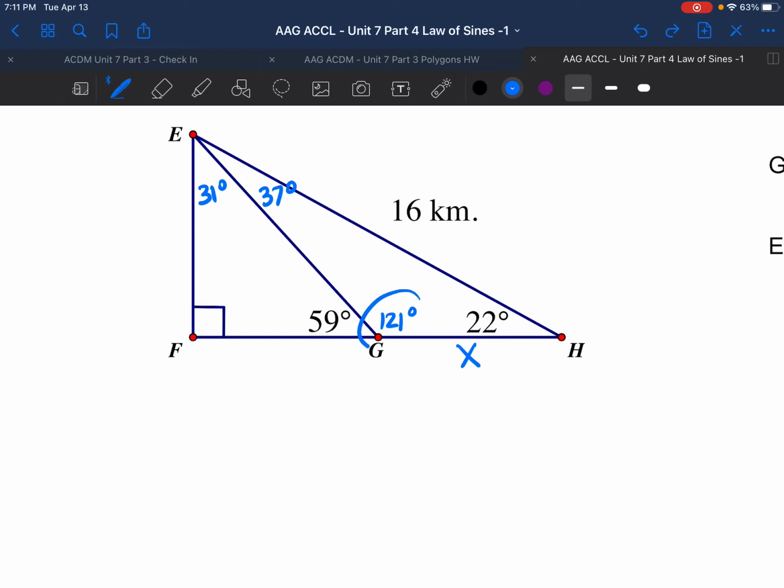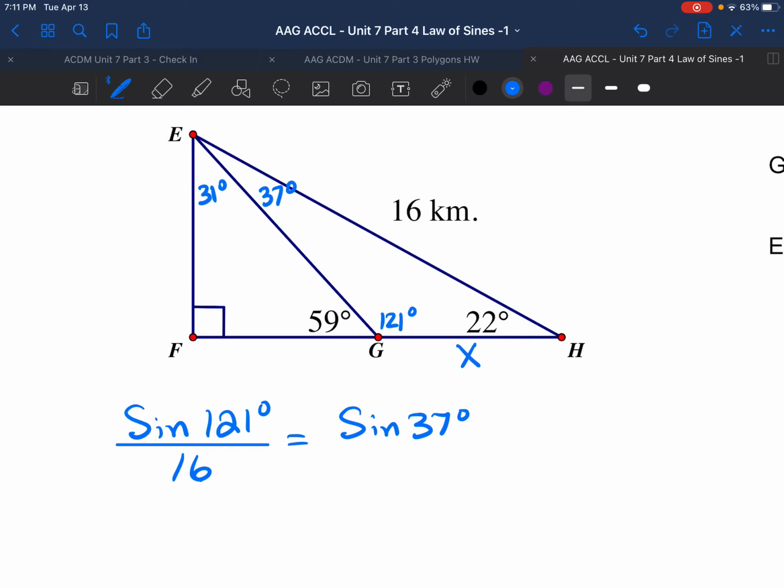Now, here's my 121 straight across from 16. So that's going to get me started. So I'm going to have the sine of 121 is to 16. Now I have to find what angle is straight across from X, and that's going to be 37 degrees. So I'm going to have that equal to the sine of 37 degrees over X.